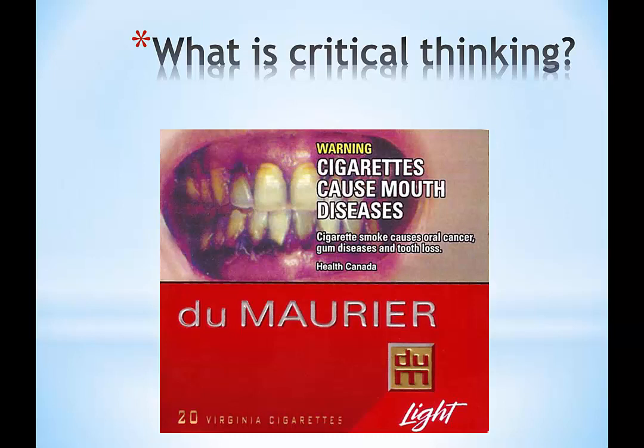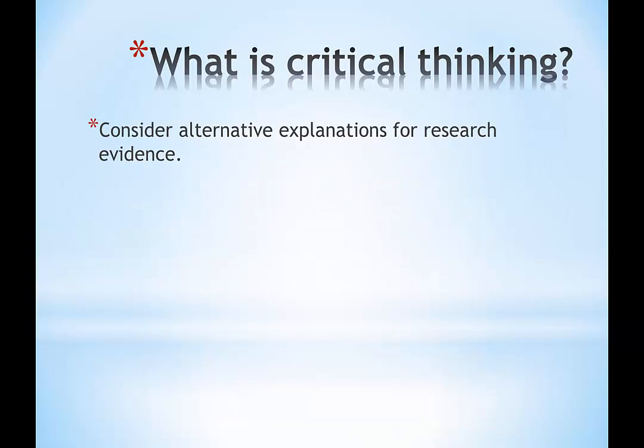And so that's the notion here: be careful in drawing conclusions from evidence, and the type of evidence that you have is linked to the type of conclusion that you can draw. The third part of this little evidentiary trio, and I've already kind of alluded to this, is that you want to consider alternative explanations for research evidence. So, other influencing third factors that are out there.